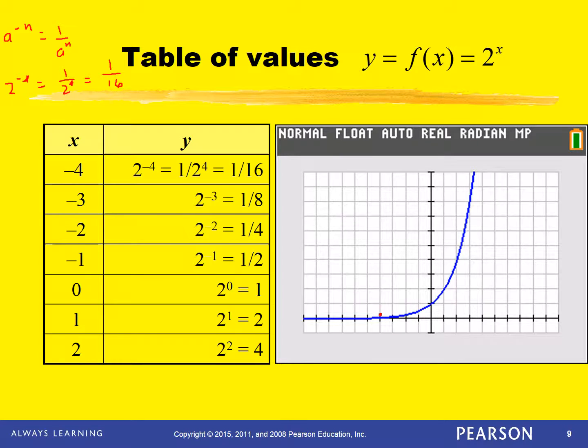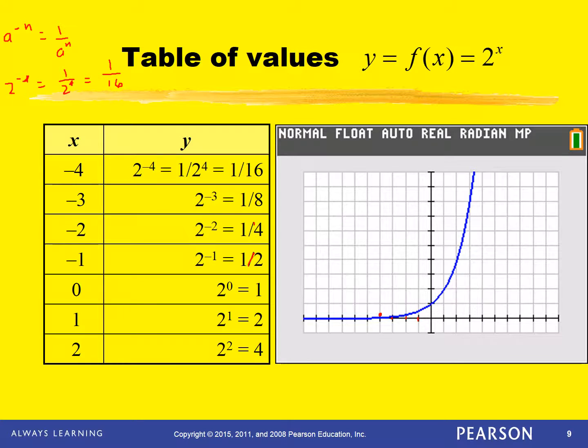And you can kind of tell how, as we go right to left, as we go from -1, -2, -3, -4, we've got a half, and then we've got a half of a half.